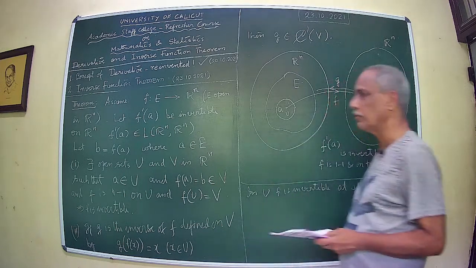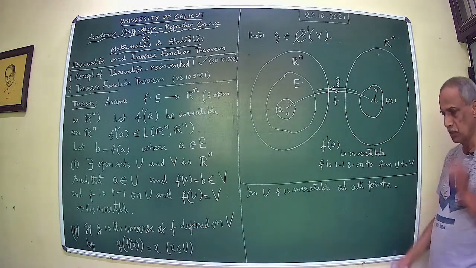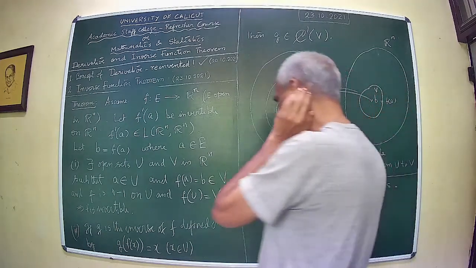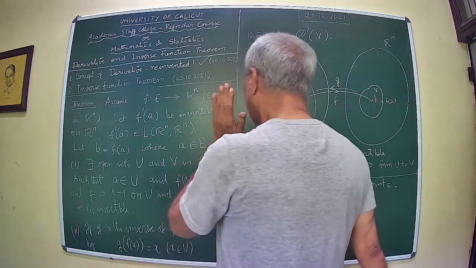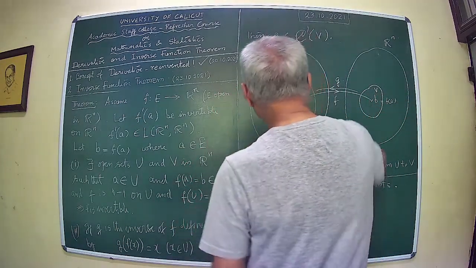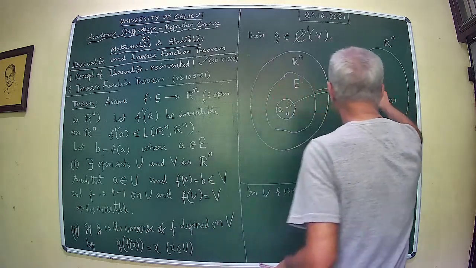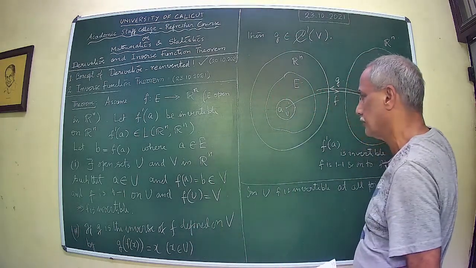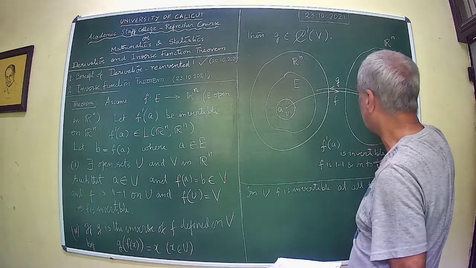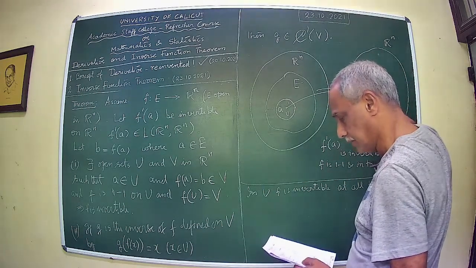So how do you prove this? You want to prove that this is actually a one-to-one map, that there exists a U and a V such that this map is one-to-one and onto.